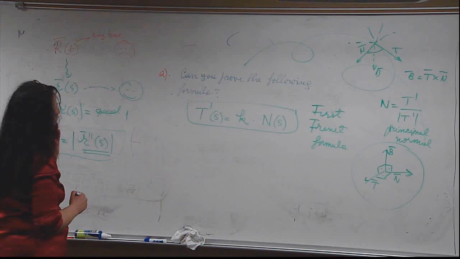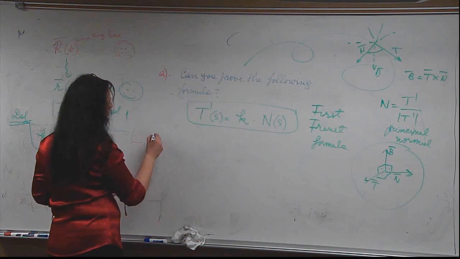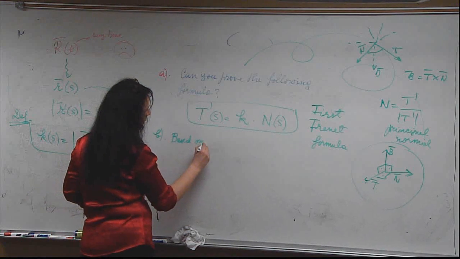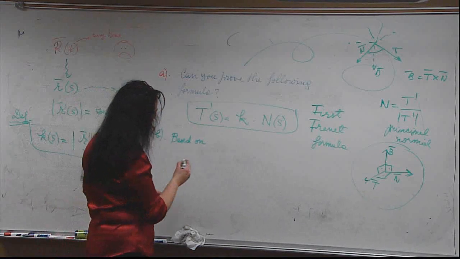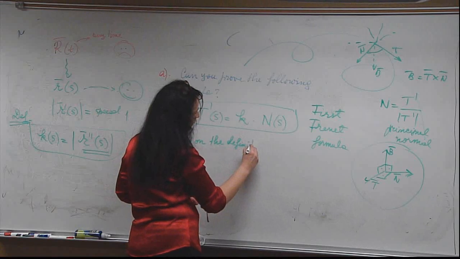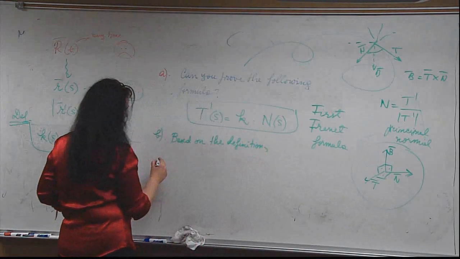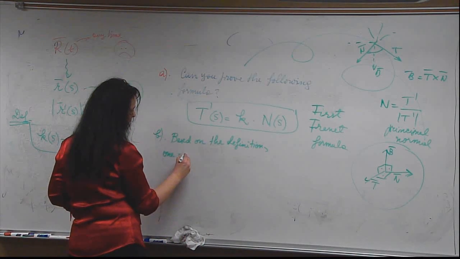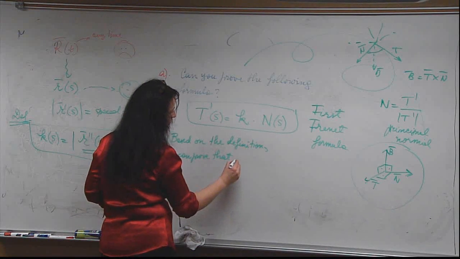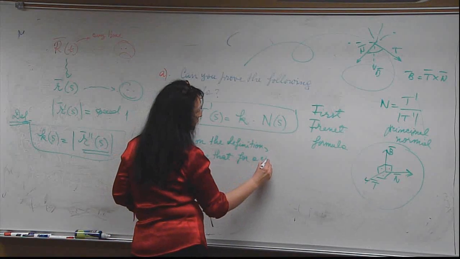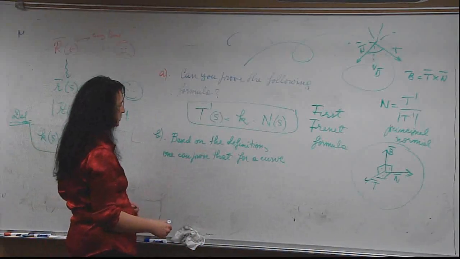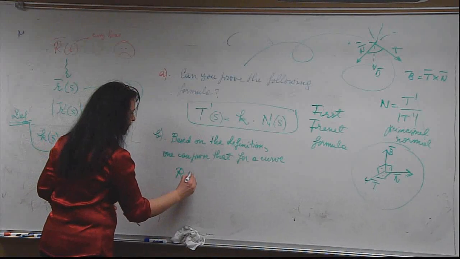So, for example, based on the definition, one can prove that for a curve that is not parametrized in arc length, you say, forget about parametrization in arc length, it's time consuming.